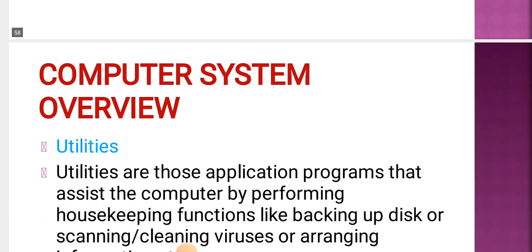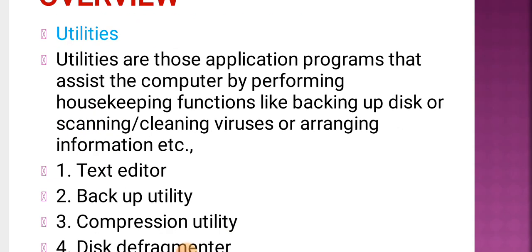Next, utilities. What is meant by utilities? Utilities are also one kind of application, which does a particular task alone. It is an application program that assists the computer by performing housekeeping functions like backing up disk, scanning or cleaning viruses, or arranging the information.